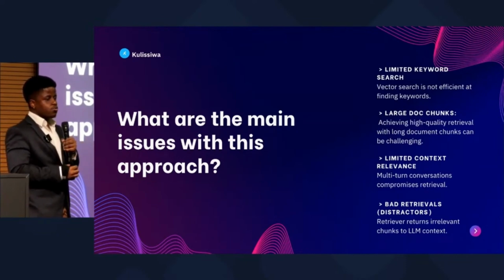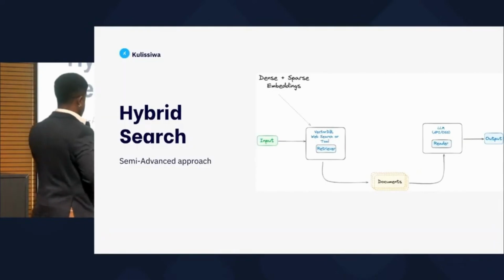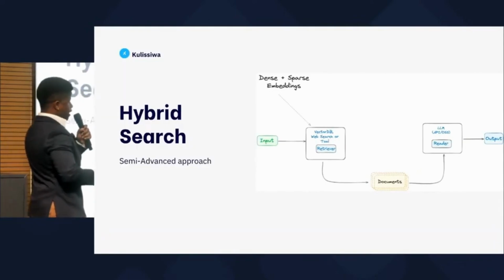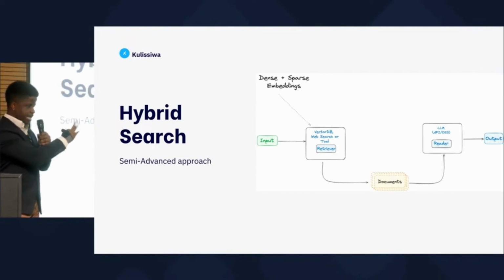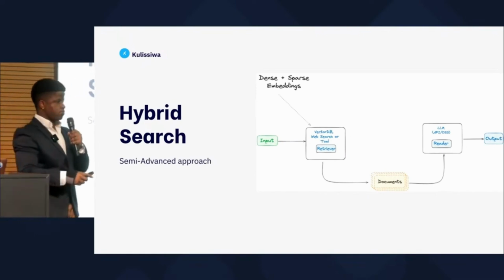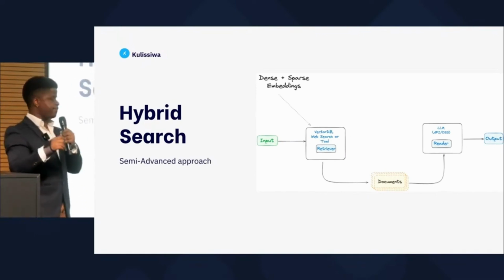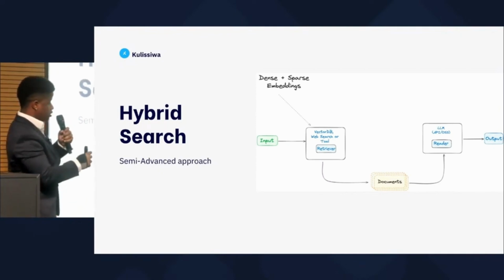So how do you address these? One way is to use hybrid search. With hybrid search, you have your normal dense embedding model, like OpenAI's text-ada or text-embedding-3, and so on. But then you have another type of model called BM25. It creates sparse embeddings where you can actually embed certain keywords.